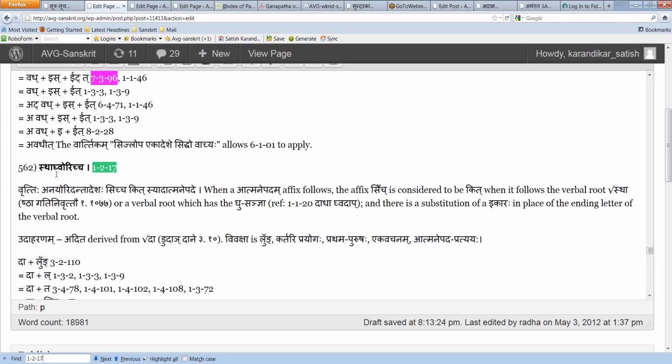So this dhatu stha, of course, which is shtha gati nivrittau, as well as the dhatu which is the gusanya, they take the id adesha. Id means, of course, by alontyasya, the ending akara will take the id adesha, and antadesha sitya kit syat atmanepade. So two things happen here.